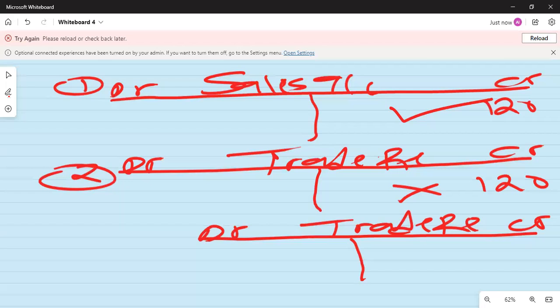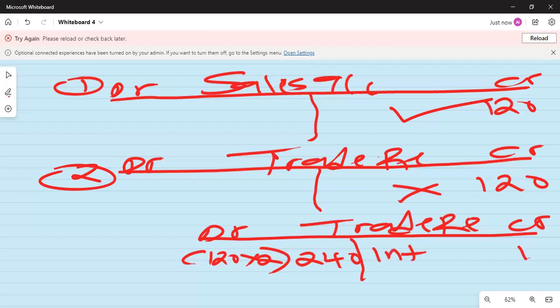But since in this ledger 120 has already been credited, what I will now need to do is multiply 120 by 2, and I will have 240.